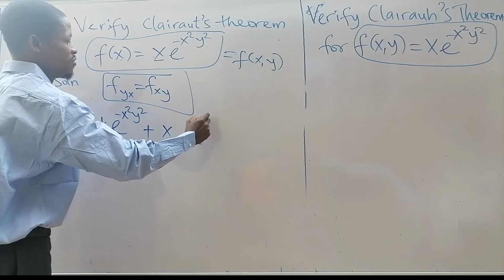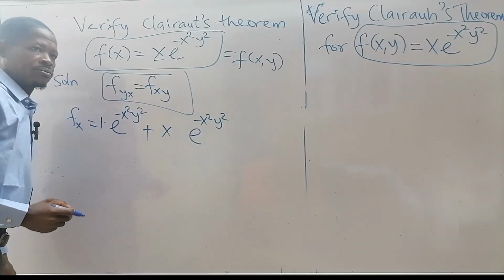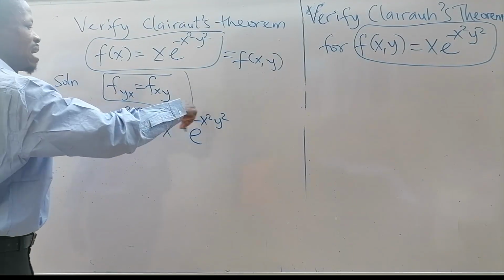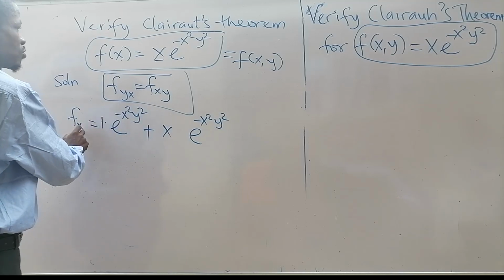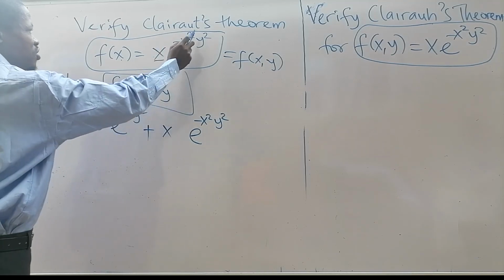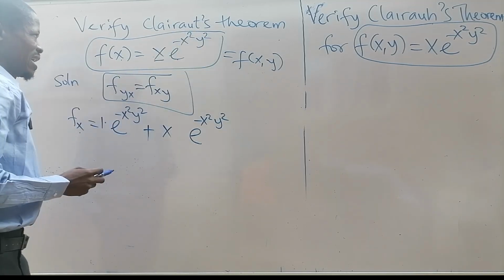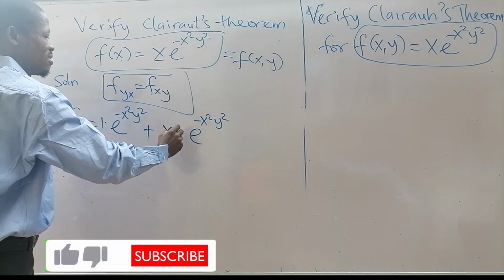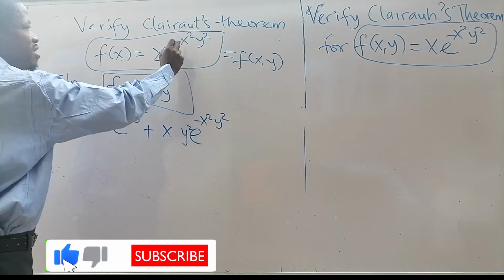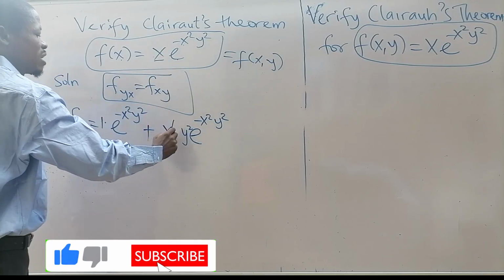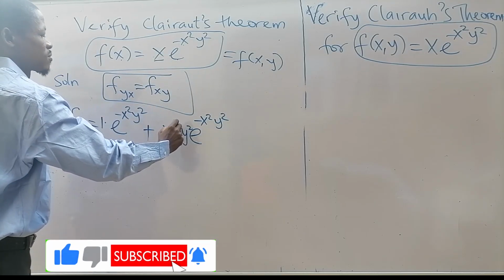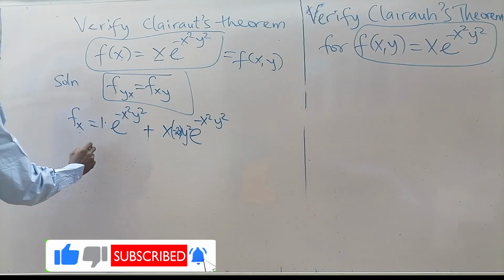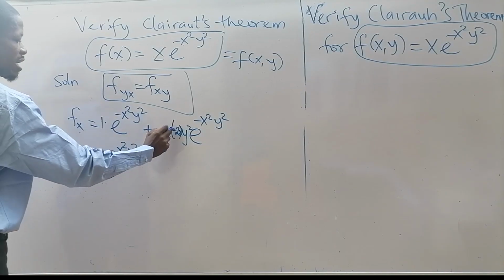The e function will give you itself times the derivative of the power with respect to x. We keep y squared constant and differentiate this one, and that will give us minus 2x. And that's giving us this one. So plus minus, that's minus.